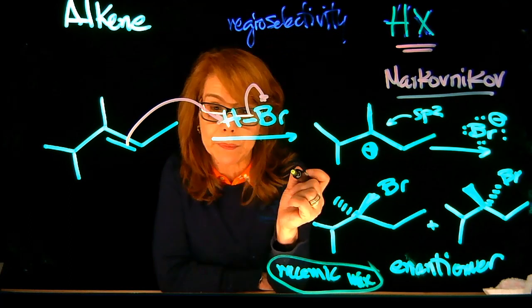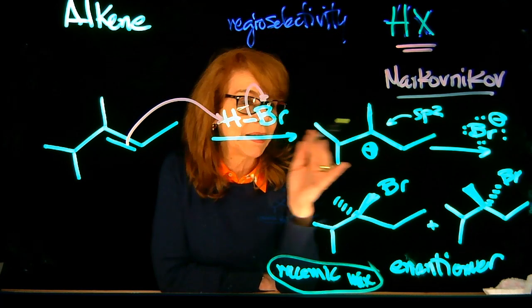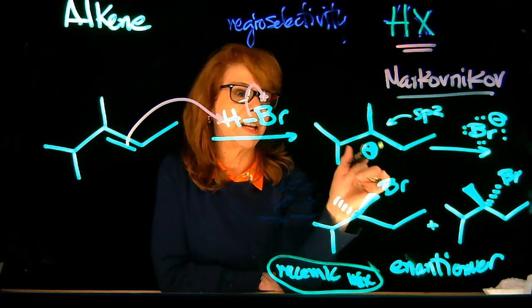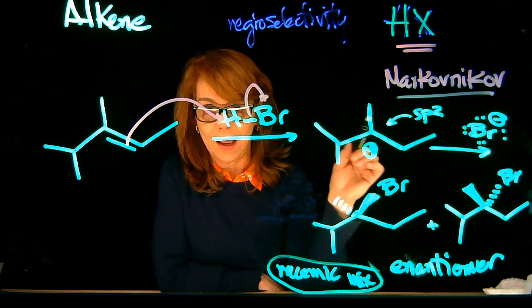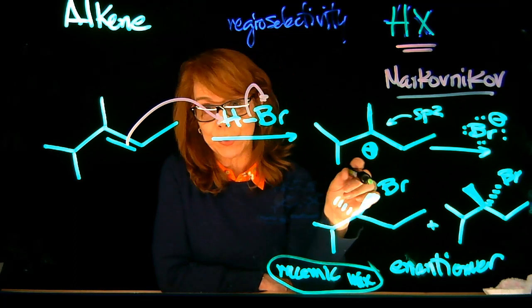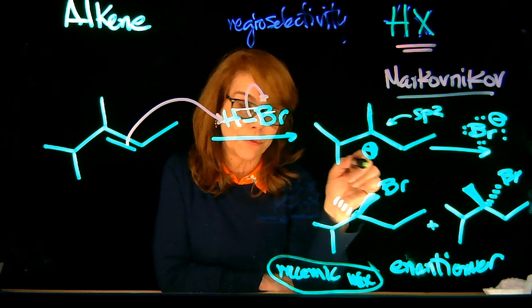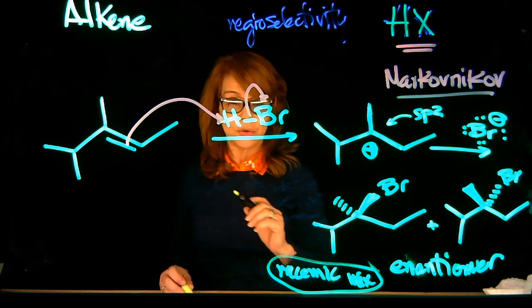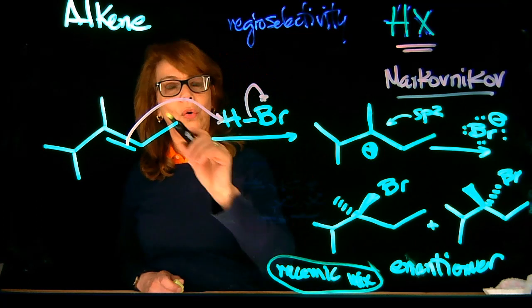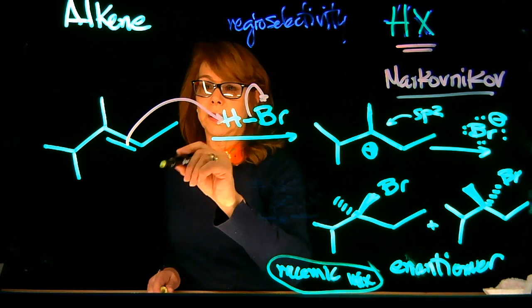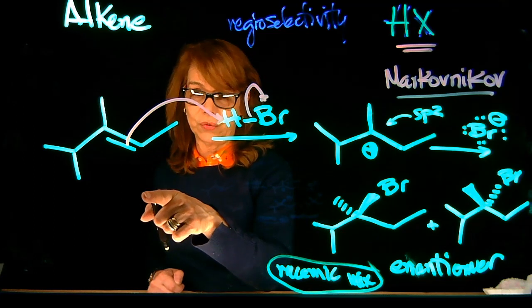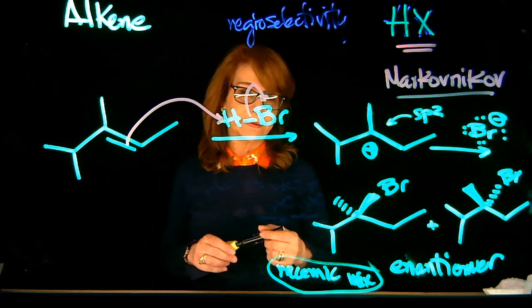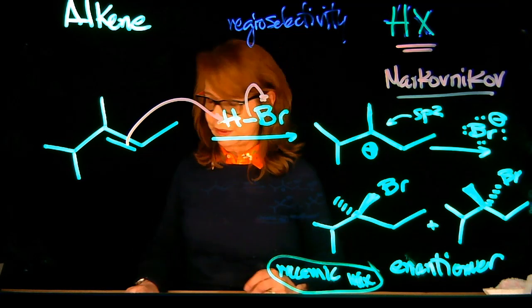So we need to keep in mind that whenever we're forming a carbocation, we should ask what the geometry is. And if we have that nucleophilic attack and we're producing chiral centers, keep in mind that you're forming two enantiomers. It's not one product, it's two. So regioselectivity is still Markovnikov, you're adding the H at the least substituted, but then the nucleophilic attack can happen on either side of the plane.